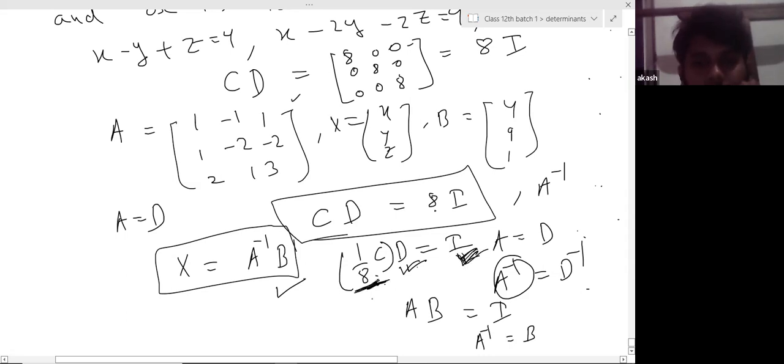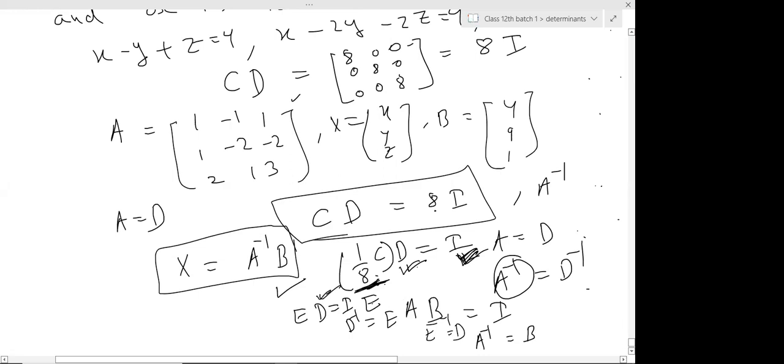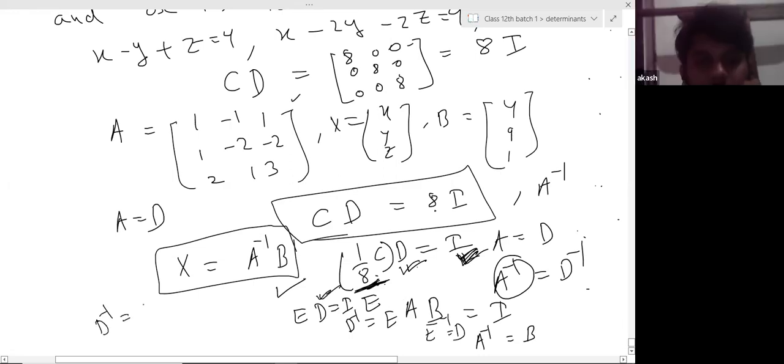Suppose this is matrix E, then E times D is the identity matrix. So D inverse must be E matrix. Is this clear? Yes, sir. So we can say D inverse is E matrix. What is E matrix? 1 by 8 times C.